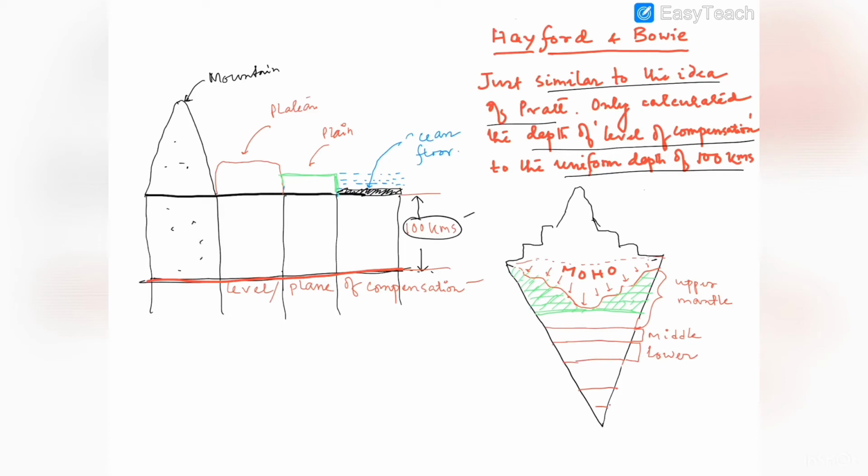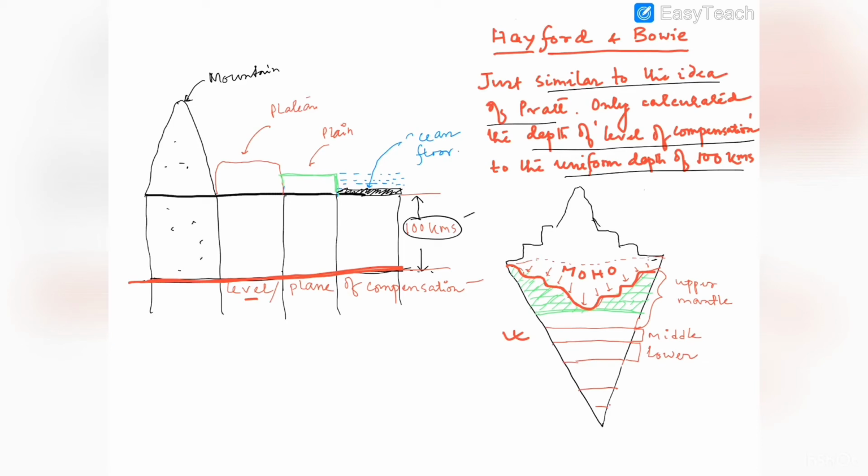And Hayford and Bowie said that this plane of compensation lies at the depth of 100 kilometers. So what is it that they are trying to find out? I will give you a clue. If you have listened to my lecture number 3, where I gave the cross-sectional diagram of Earth, there I described something called the Moho or Mohorovičić discontinuity. You can go back to my lecture and listen to it. It is this Moho discontinuity that they are trying to find out.